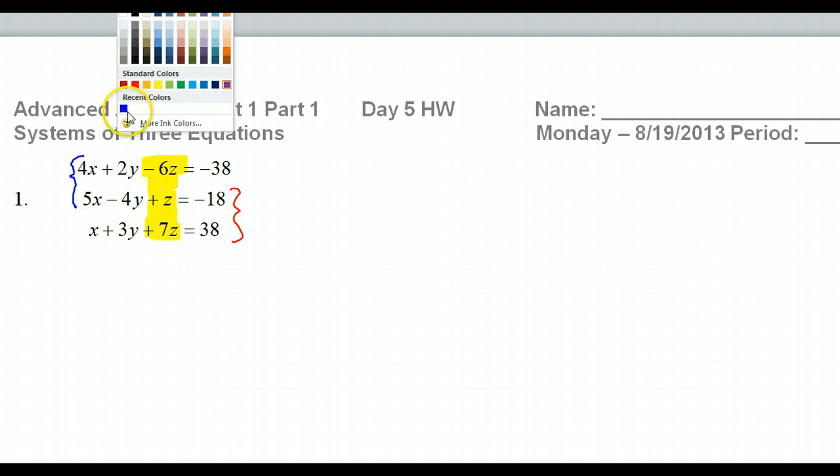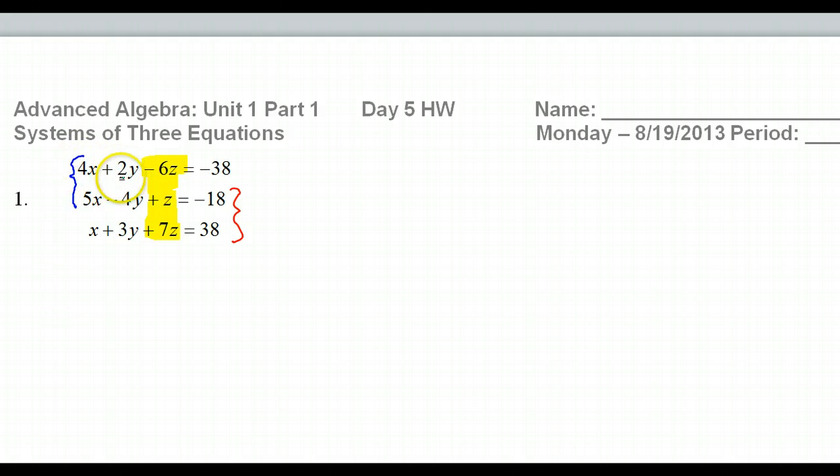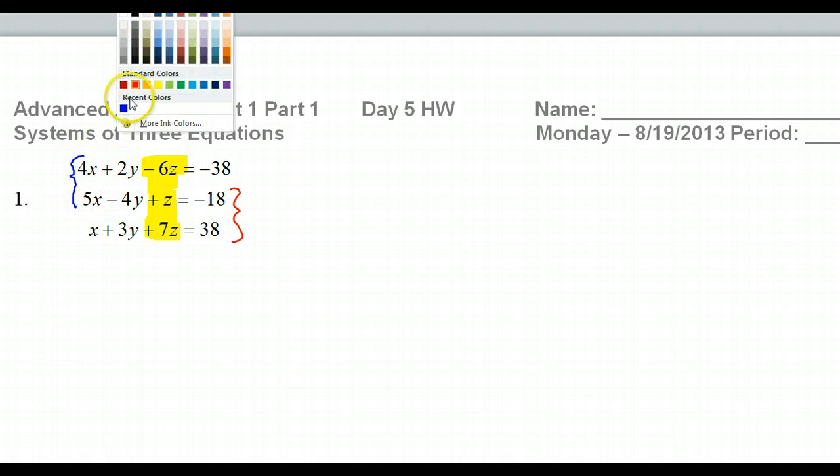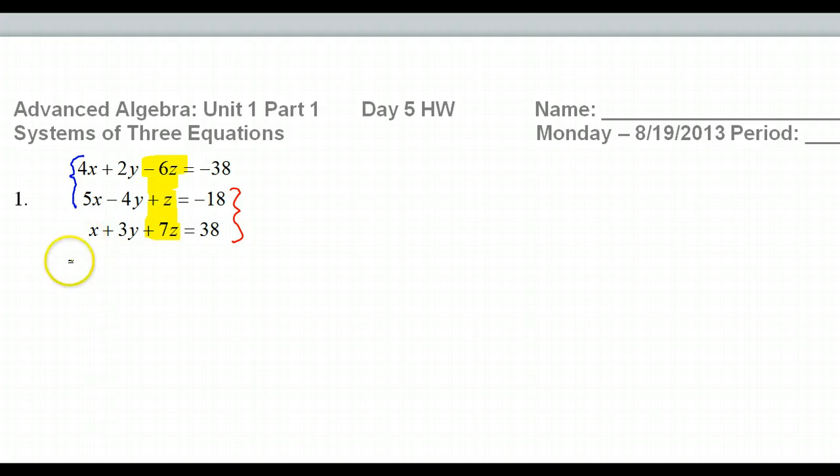Okay, so now here's what I mean by the blue and the red equations. I'm going to recopy these top 2 equations very carefully so as not to misplace a negative sign. So this is going to be 4x plus 2y minus 6z is equal to negative 38. Alright, I've just recopied the top equation.